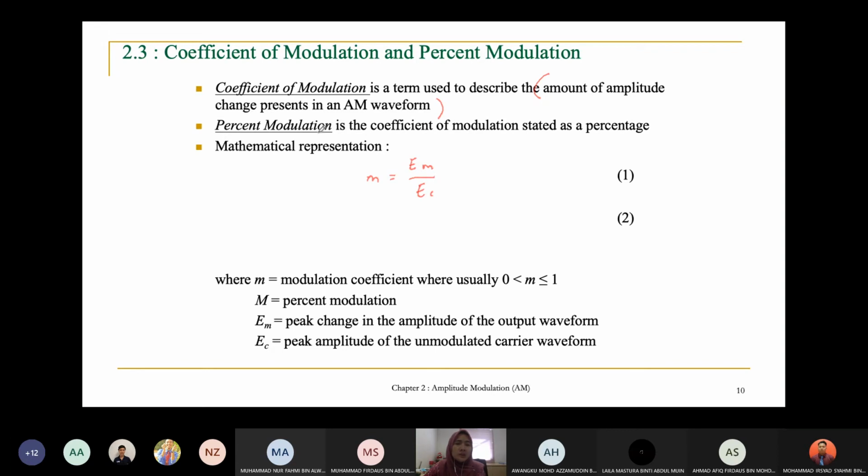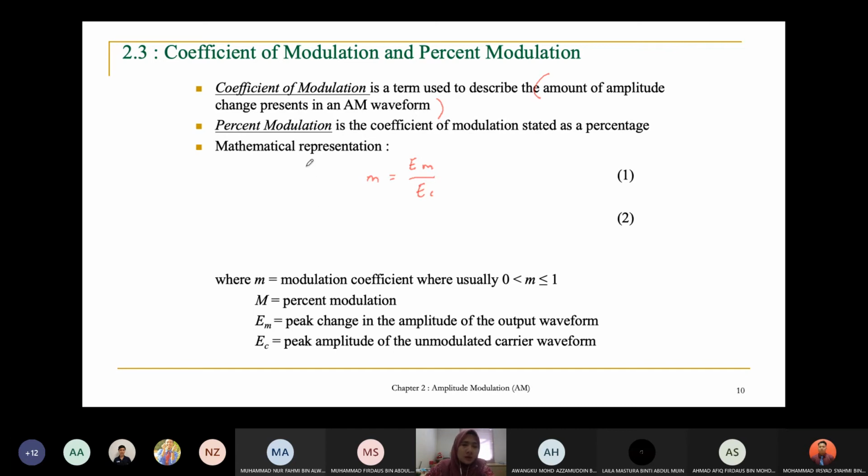Another one we have is the percent modulation. Percent modulation is the coefficient of modulation stated as a percentage.